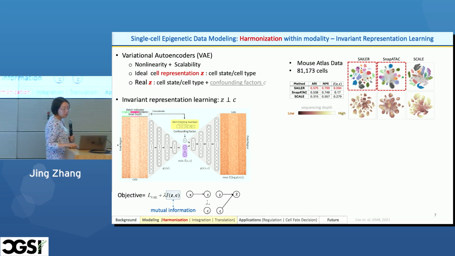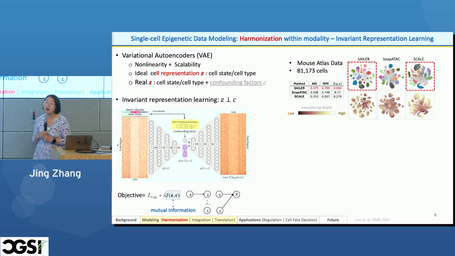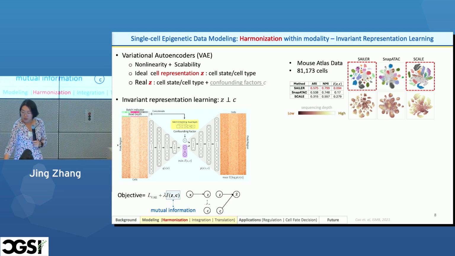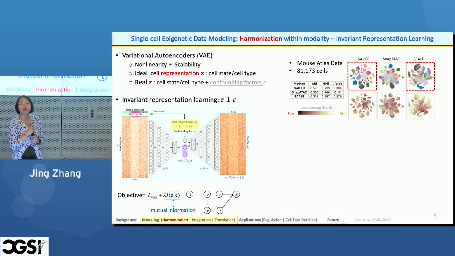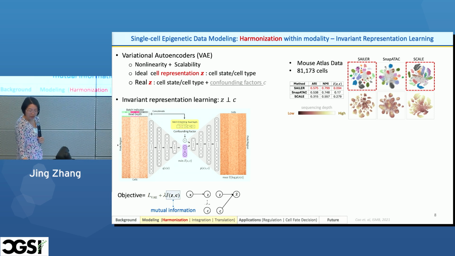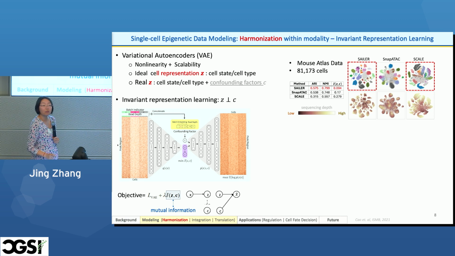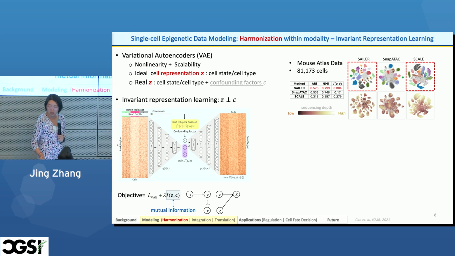But the important thing is, if we compare our method with the vanilla version of variational autoencoders, as highlighted by these two boxes, you will see the vanilla version of the variational autoencoder without the invariant representation learning has these L or long-shaped clusters.